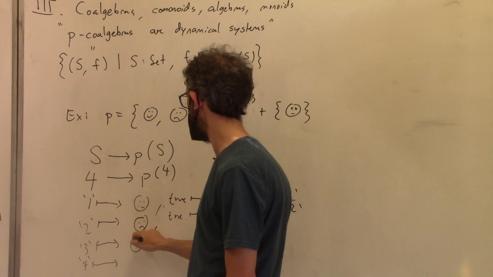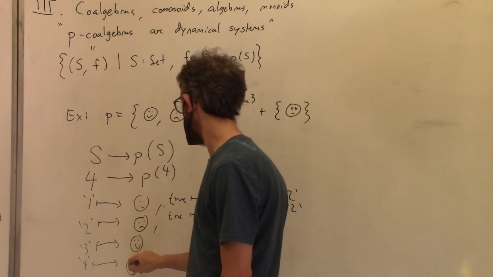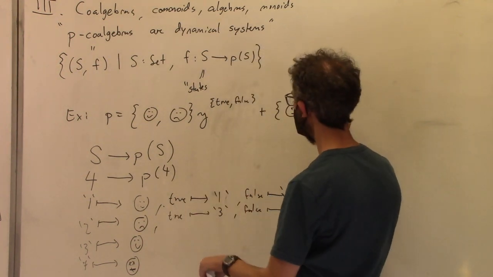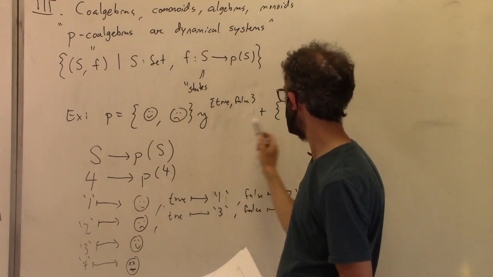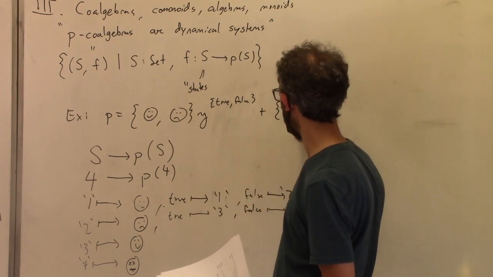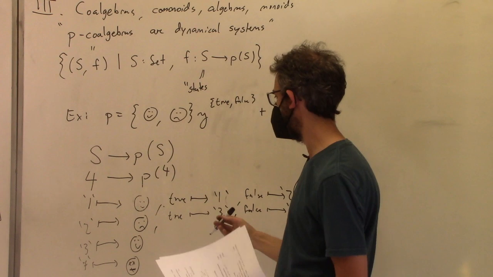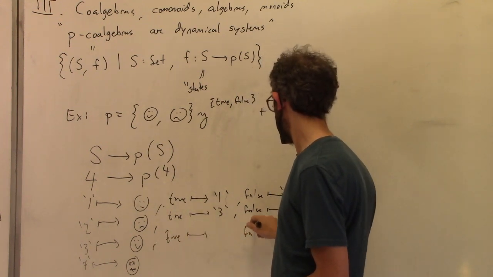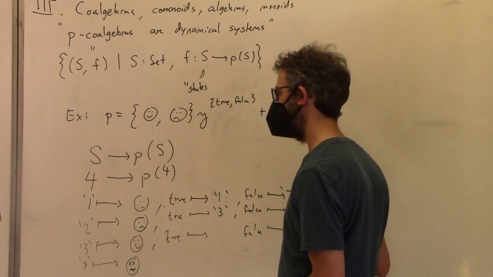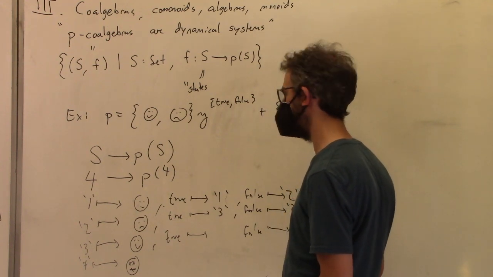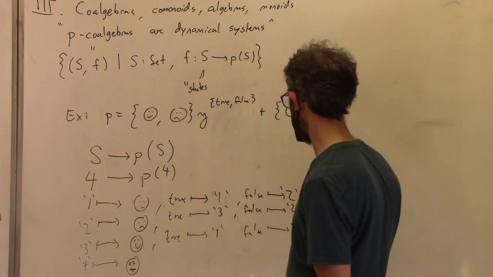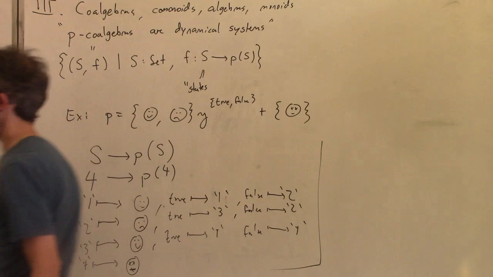This one went to happy again. This one went to dead. And dead did not require me to say any more stuff. There's nothing here asking for some element of 4, so I can just stop. Whereas here, there's a little bit more data. 3 went to, I don't know, 4, and to 1. So this data here is exactly the same as this data here.